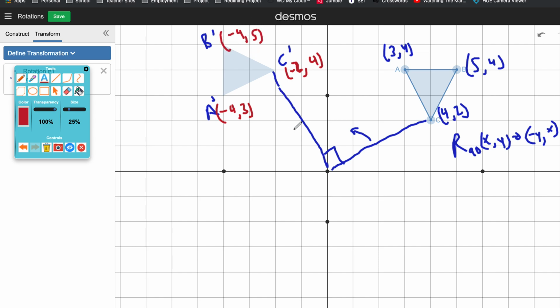Then let's take a look. A was 3, 4, and became A prime at -4, 3. Did these switch spaces? Yes. The 4, which is originally positive, became the opposite, or negative. So that's how that works. And if you follow through with all the rest of the points, it's the same thing.